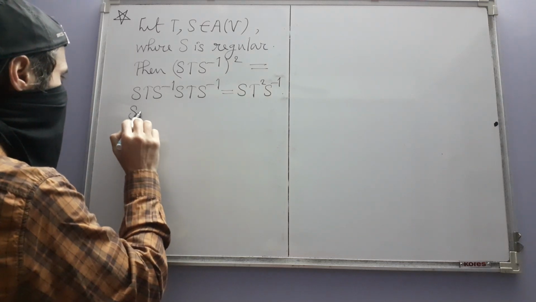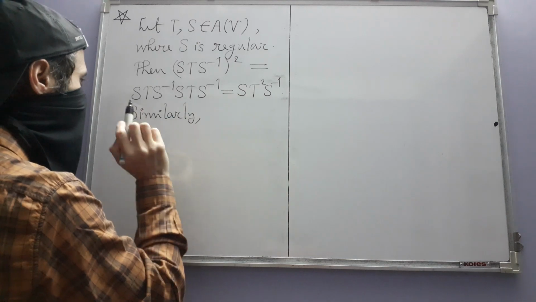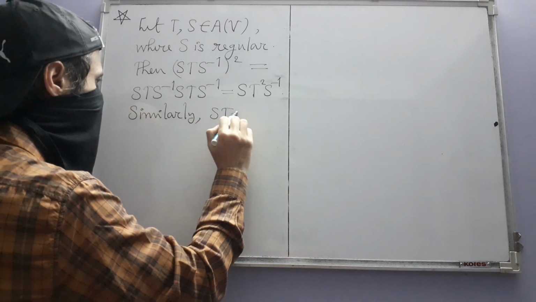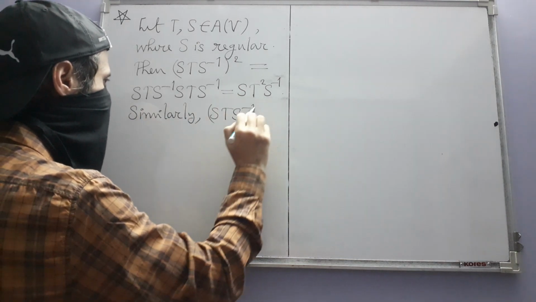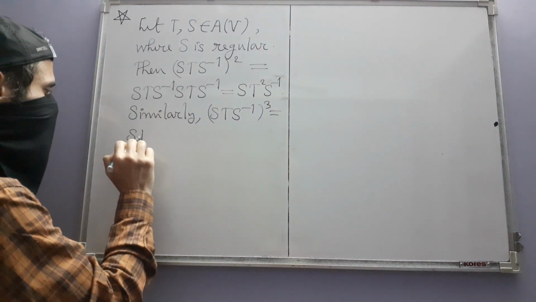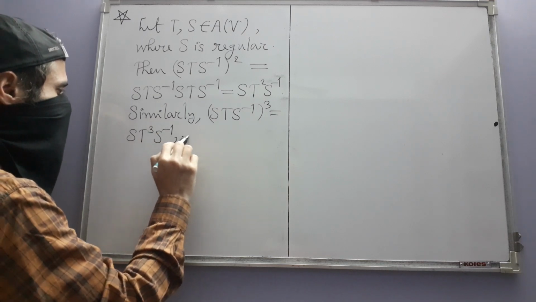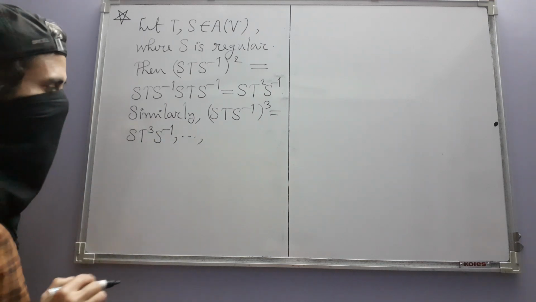Similarly, the cube of ST S inverse turns out to be equal to ST cube S inverse, and one can continue like this.